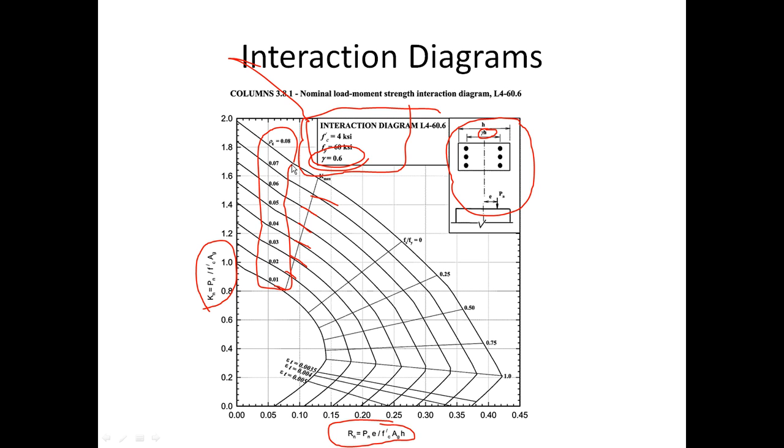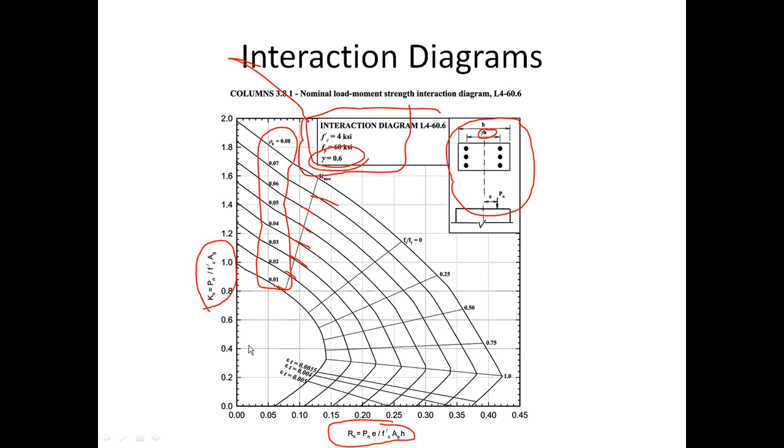So again, this is a generic diagram. They're not going to lock us down into saying, hey, the area of steel is 3.44 square inches. Instead of doing that, they're going to come up with percentages of steel. And so in every interaction diagram, even though it's generic, we have 8 individual interaction diagrams.